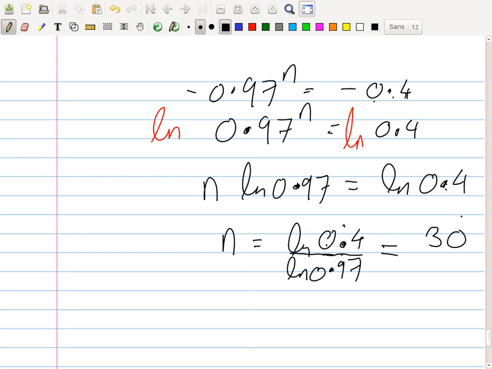Because they asked me how many has he completed. He's only completed 30 of them, and he's in progress on number 31. So you always round down. It was the same problem as the bridge question we did a while ago.